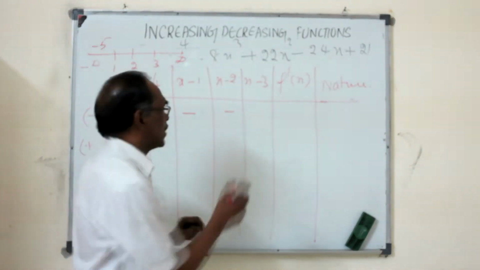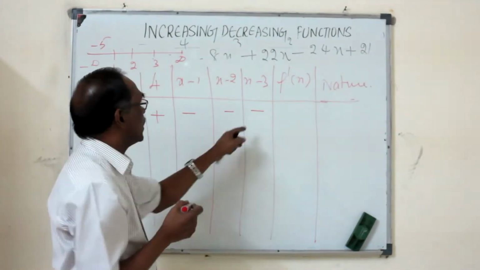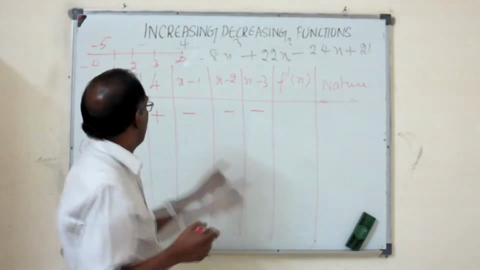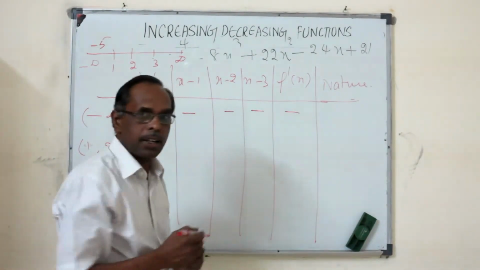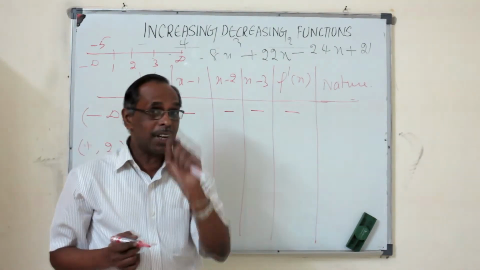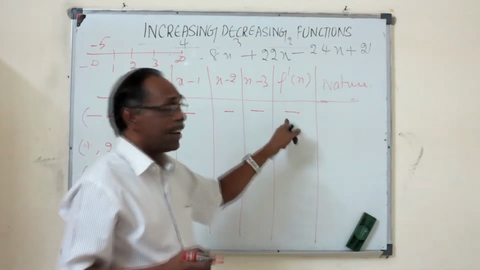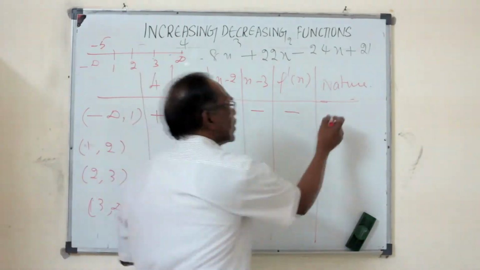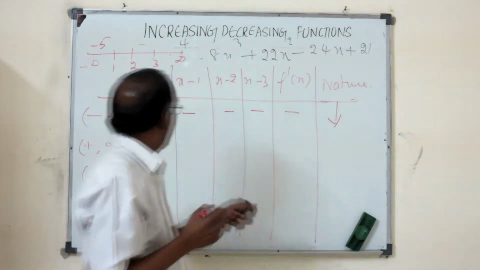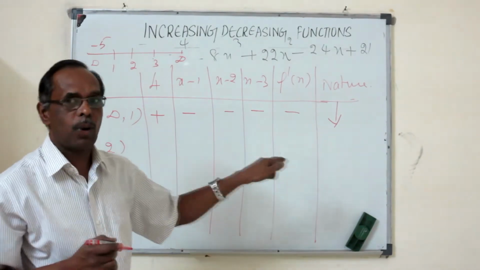Minus 5 minus 3, the sign is minus. You multiply all these things to get f dash of x: minus, minus, minus. So multiplication is what? You are having minus. So that means the sign of f dash of x is negative. What does it mean? The function is decreasing. So the function is decreasing in the interval minus infinity to 1.